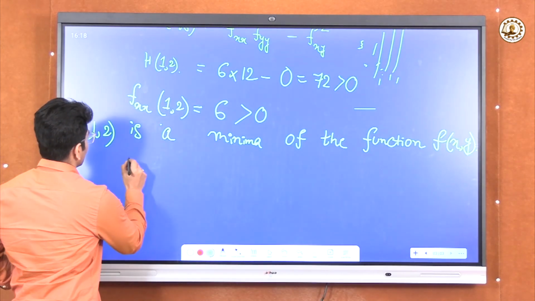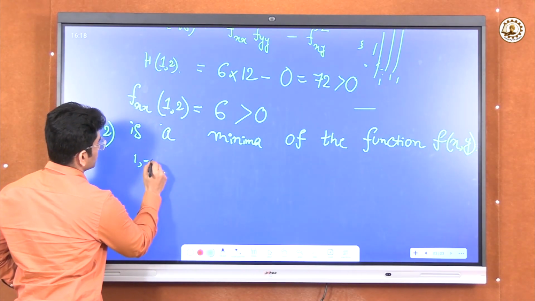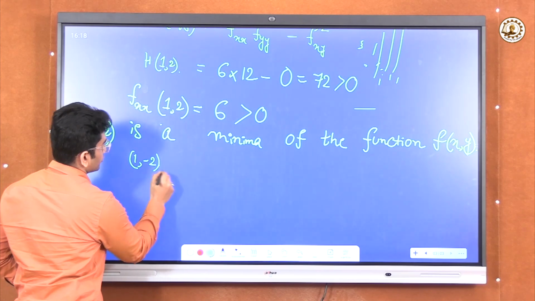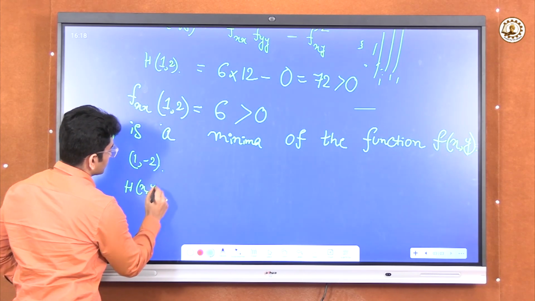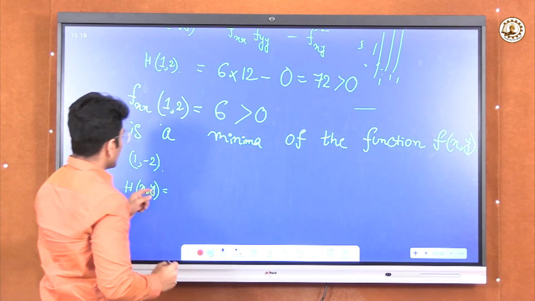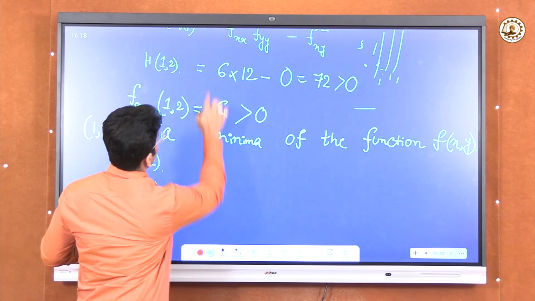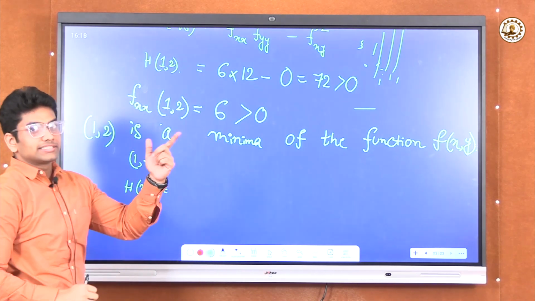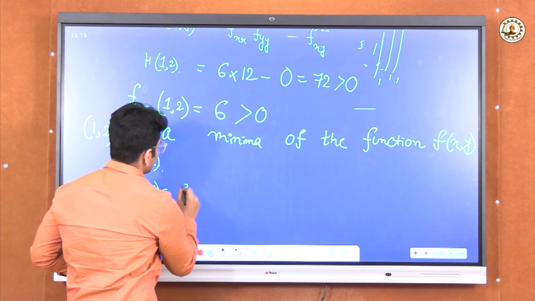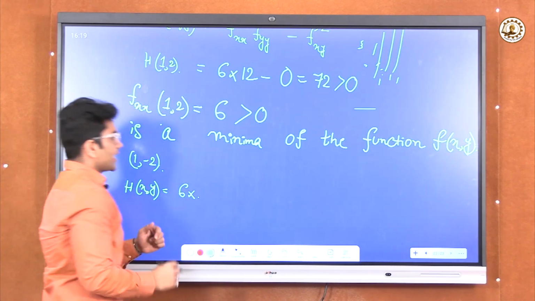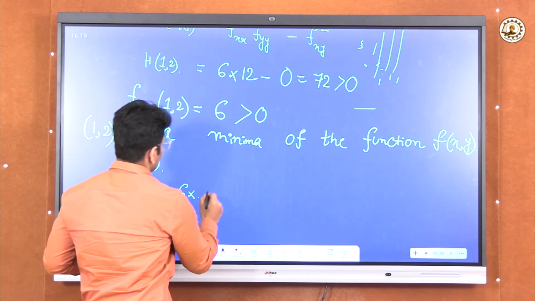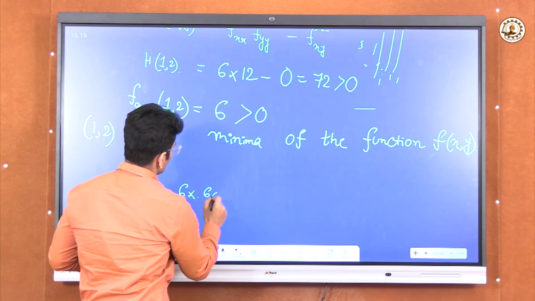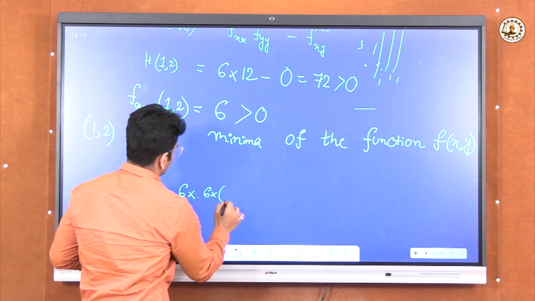The other point is (1, -2). If I calculate h of xy, fxx was 6x, so it will be 6, into f of yy, which was 6y, so 6 into minus 2.